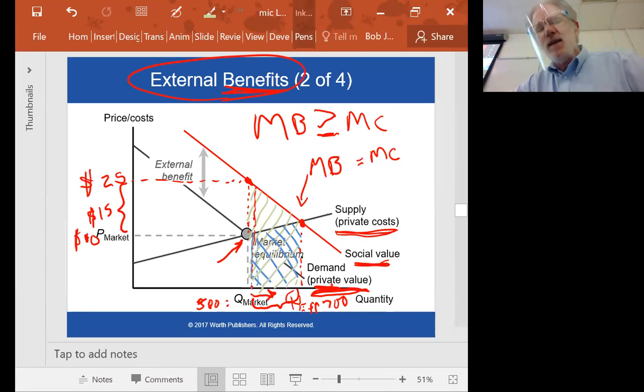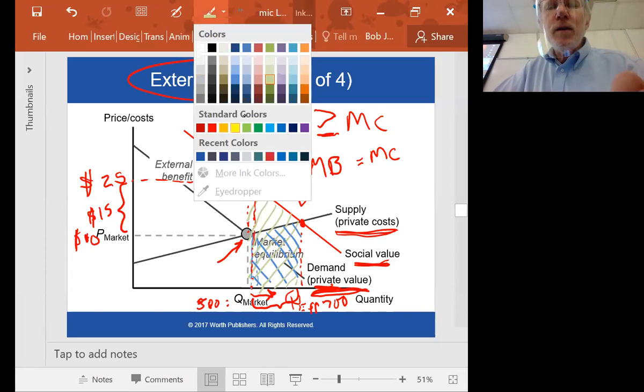Okay, so it's going to be the whole area. Well, the blue is what it costs for those last 200 people to be vaccinated. The green is the benefit from having those last 200 vaccinated. So the difference between blue and green, we'll make that orange.